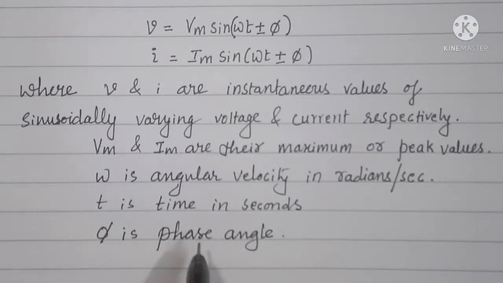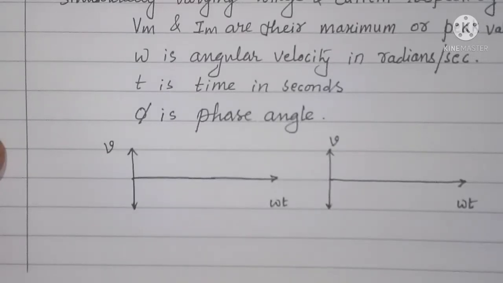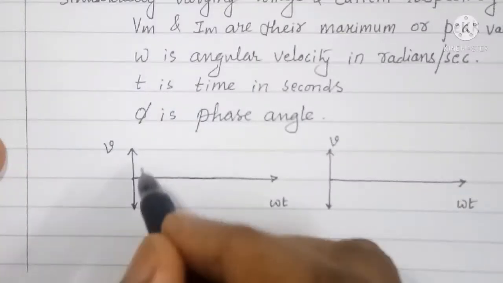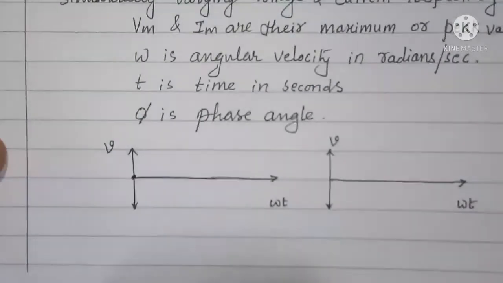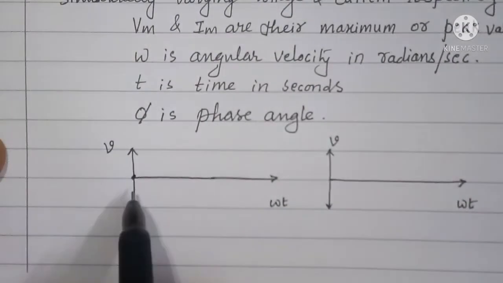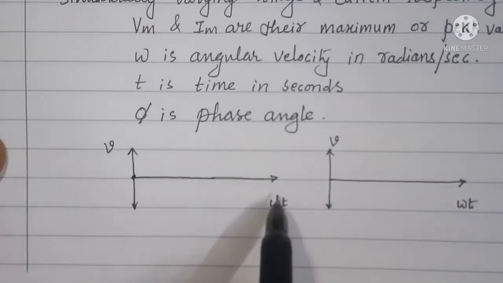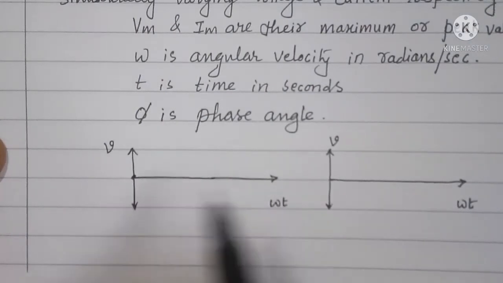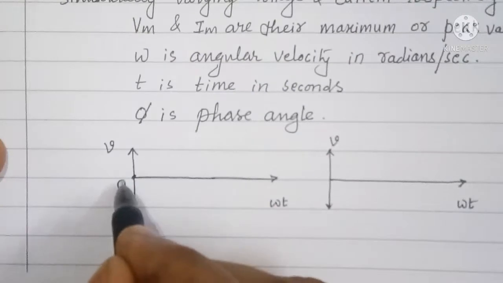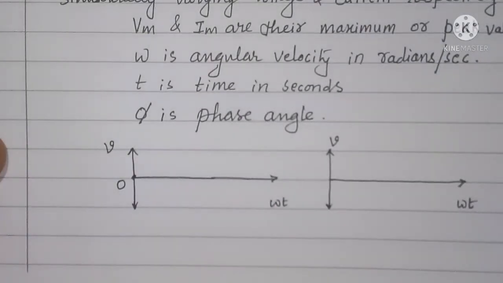For a sinusoidal voltage or current starting at 0 seconds, phi value will be equal to 0. That is, if I take voltage along y-axis and omega t along x-axis, then 0 time point will be here.